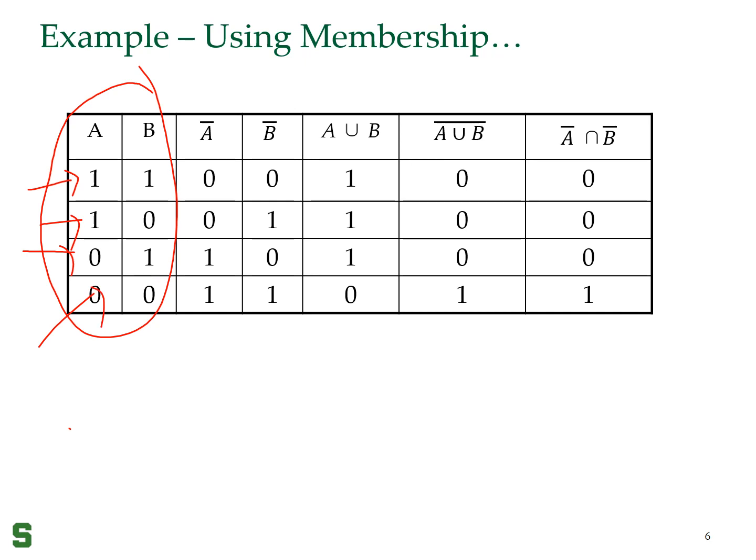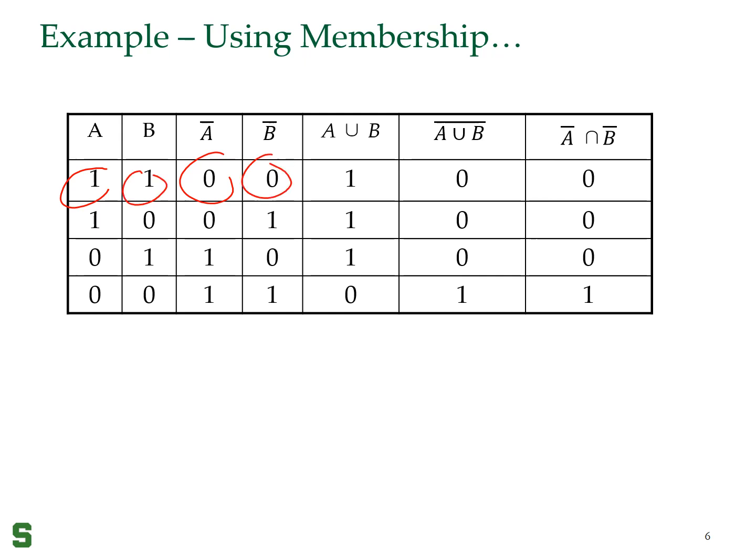For each of them, we can write the corresponding entries for each row. If the element is in A, that means it's not in A complement. If it's in B, it's not in B complement. So if it's not in A complement and B complement, then that means that it's not in their intersection.